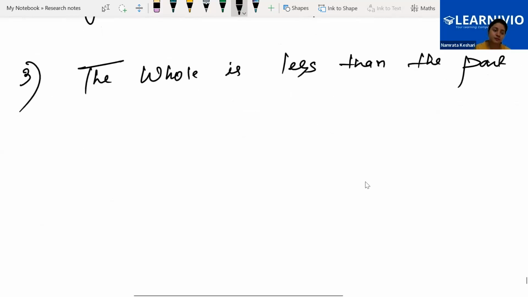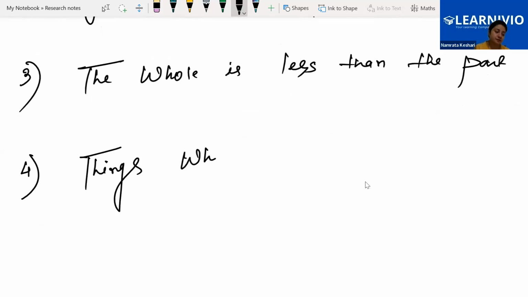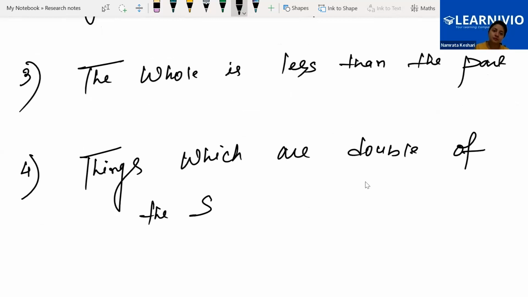Next is things which are double of the same thing are equal to one another.